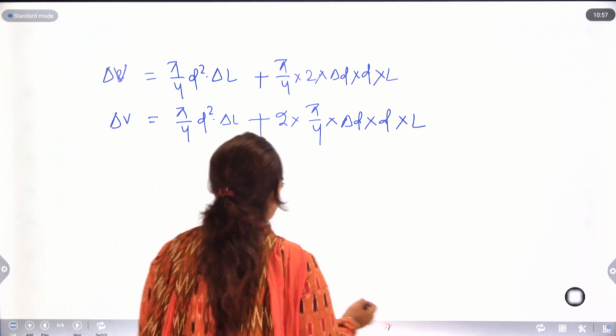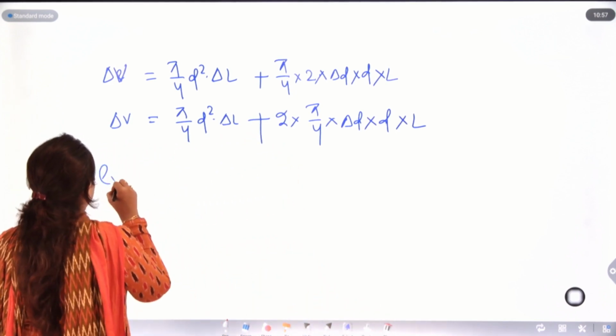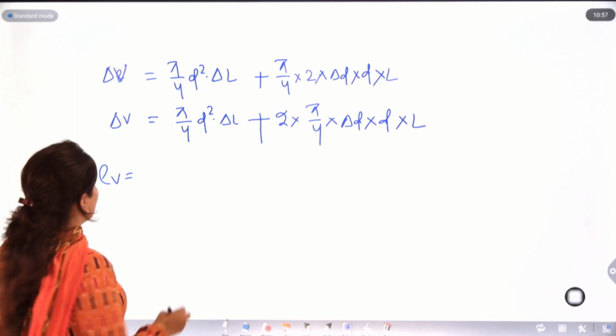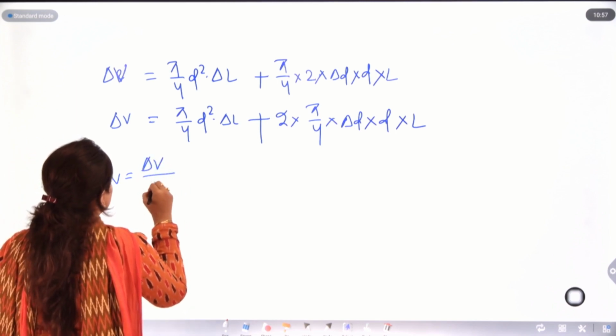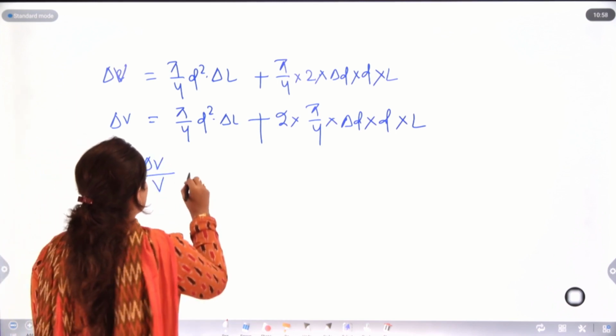Now to calculate our volumetric strain, what is the formula? Change in volume divided by total volume.